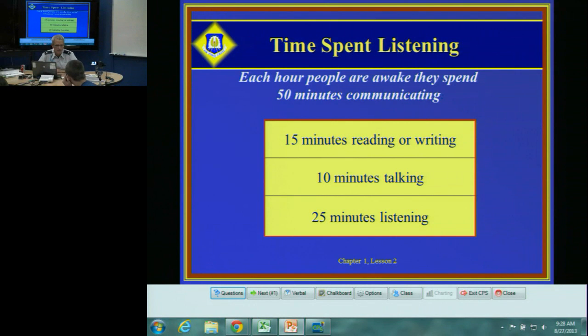You're receiving non-verbal communication. You're also watching. It's hard to listen without watching Cadet Van Boeven or Cadet Lovell. I'm watching y'all, and you're watching me. So when you listen, a lot of times non-verbal communication ties into the way you decode the message being transmitted to you.